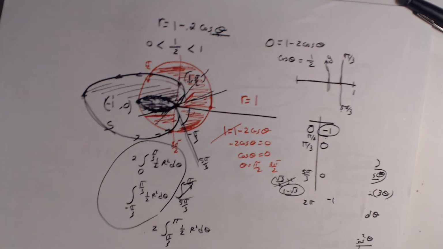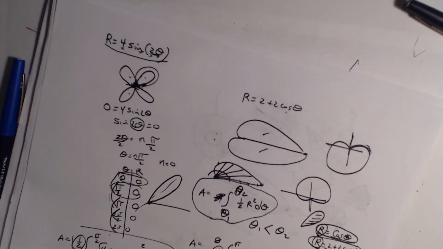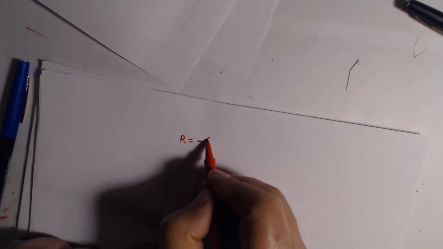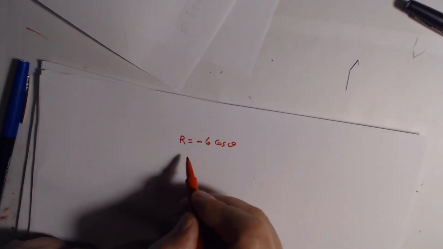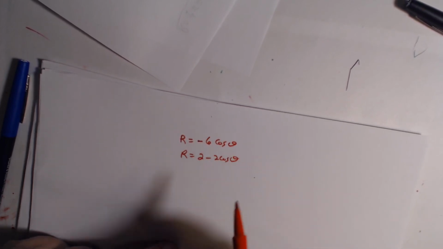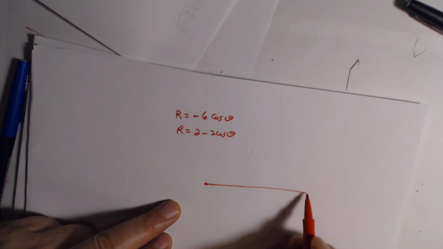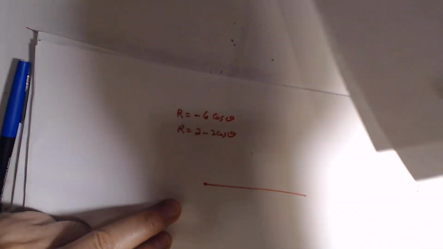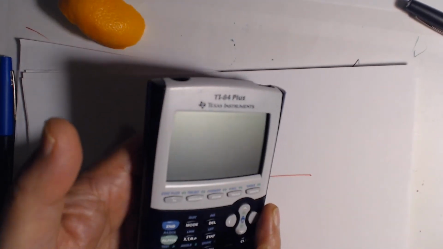Let's do an example and see where you're going to use the point of intersection. You have r equal to negative 6 cosine theta and r equal to 2 minus 2 cosine theta, but I have to graph it very clearly. If I use my graphing calculator right here, you're going to see the clear graph.